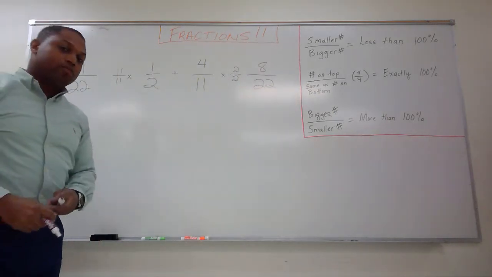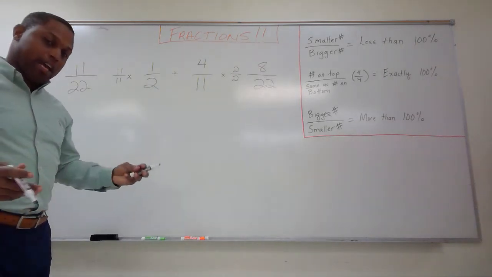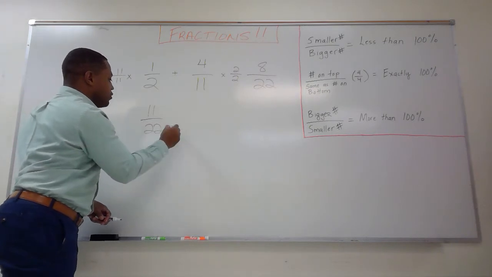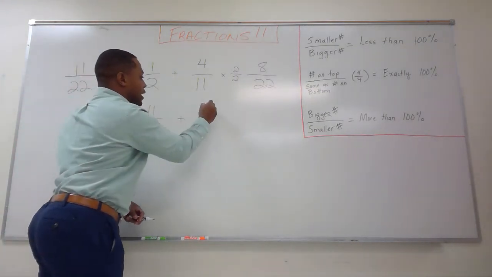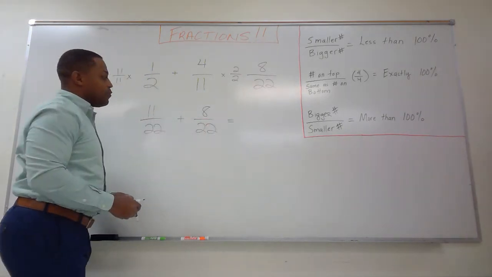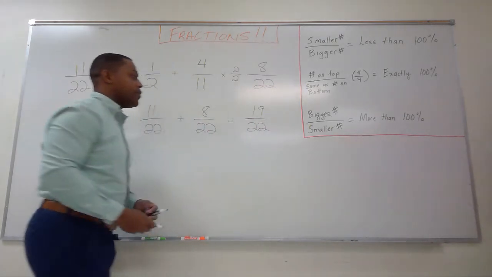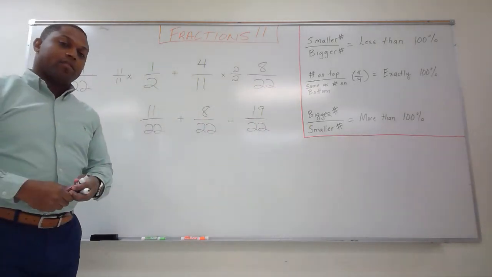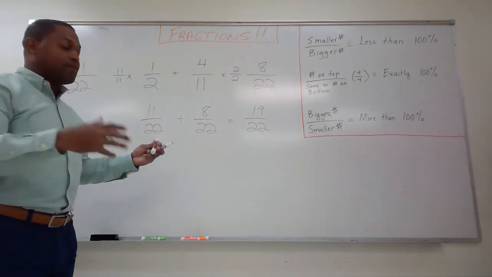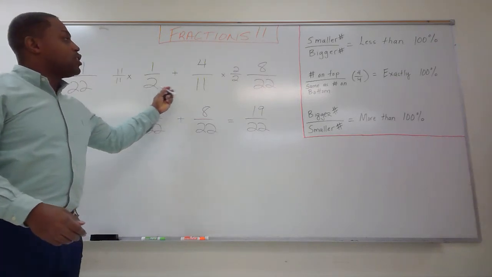Now I have 2 fractions that have like denominators. Now I can add them. So that would be 11/22 plus 8/22, and that would give me 19 over 22. And that is how we add fractions that have like denominators, if they're like from the beginning, or if we need to change them.